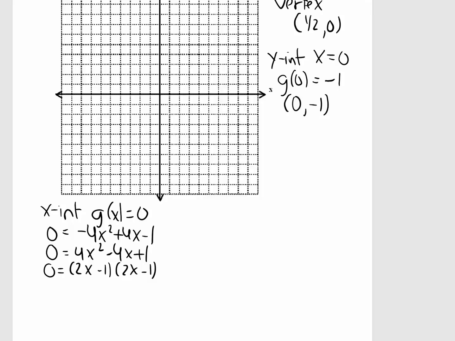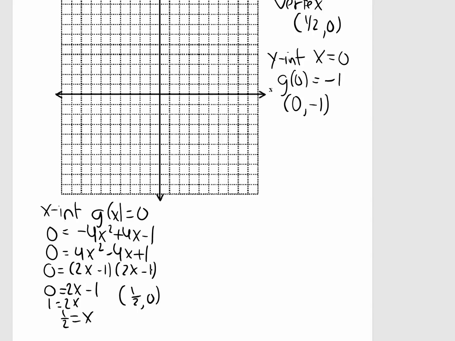Since the factors are the same, I'm just going to set one of the factors that contain a variable equal to 0. And writing that as an ordered pair, that's 1/2 comma 0. Now, the x-intercept is exactly the same ordered pair as the vertex.